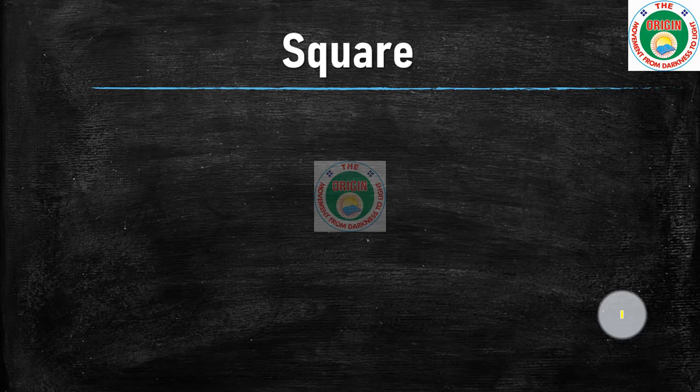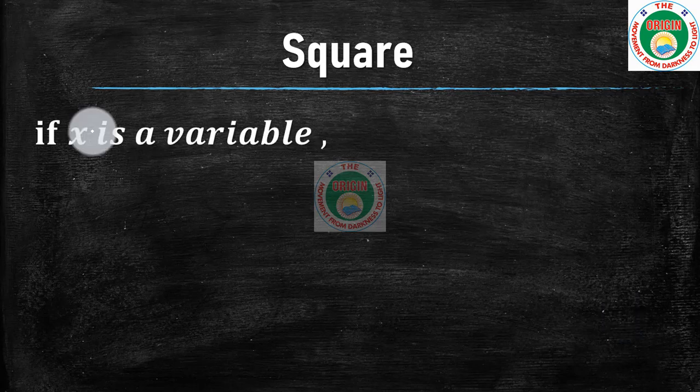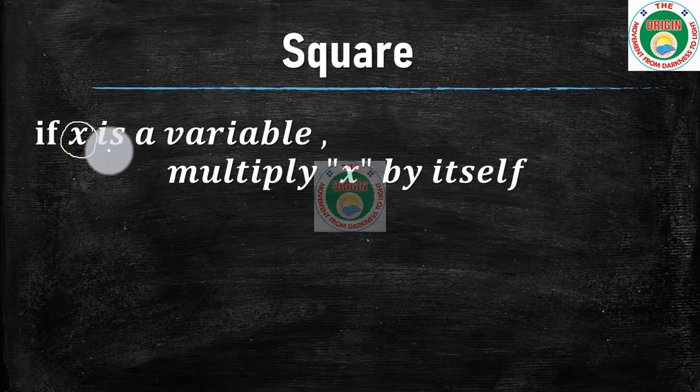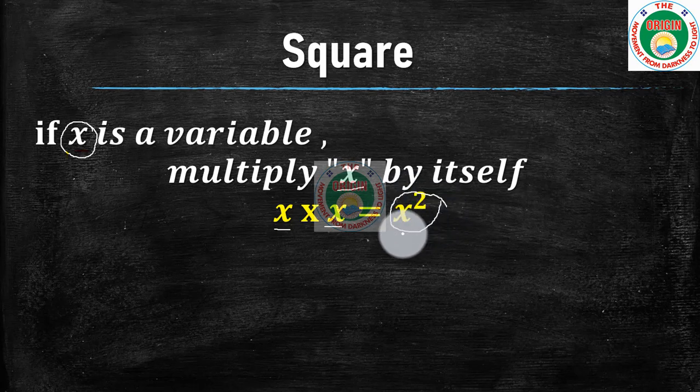What is a square? If x is a variable, and you multiply x by itself, that is x is multiplying with x only, then x into x equals x square.